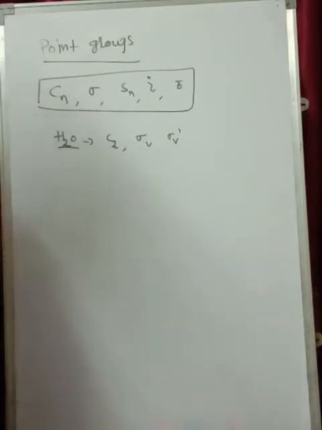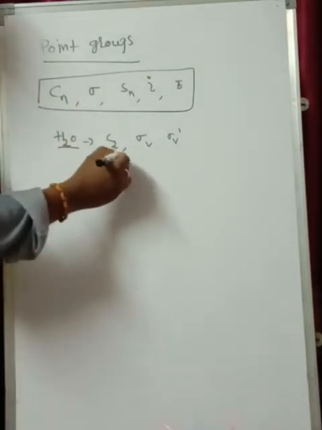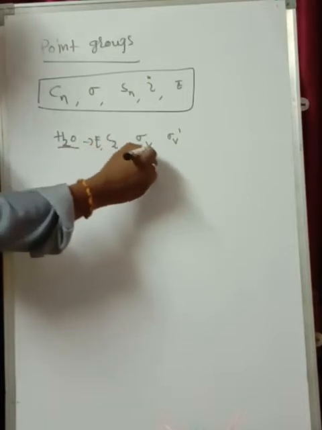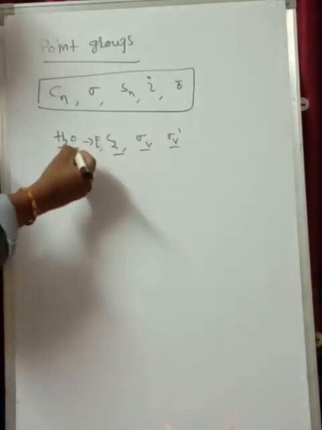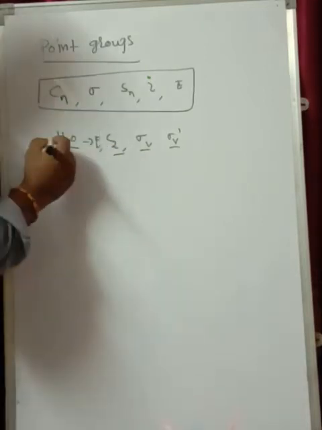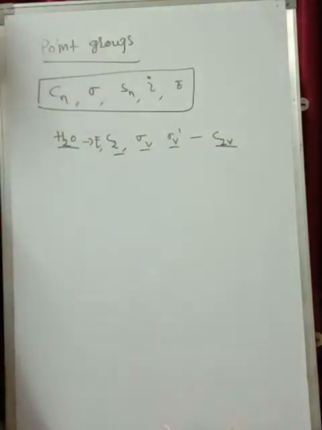As in previous classes, this sigma, the plane of symmetry, has already been shown. Anyhow, the water molecule has a C2 rotational axis of symmetry, identity, sigma v and sigma v prime. Now all these symmetry elements are clubbed together as a group. Therefore, the water comes under a point group called the C2v point group.